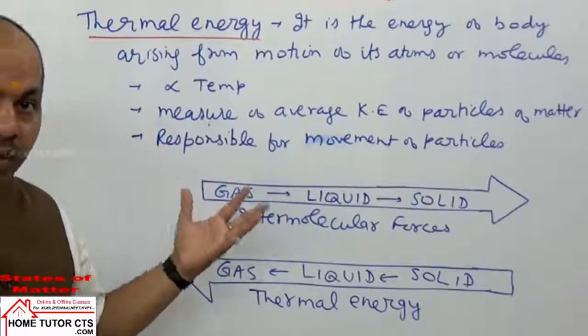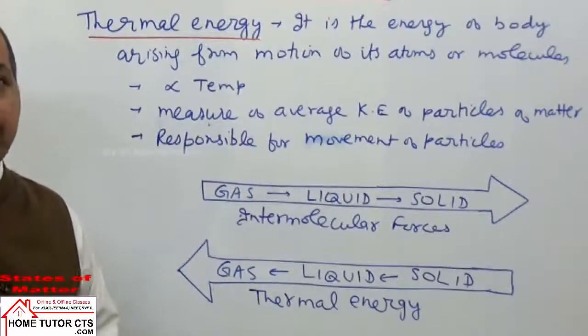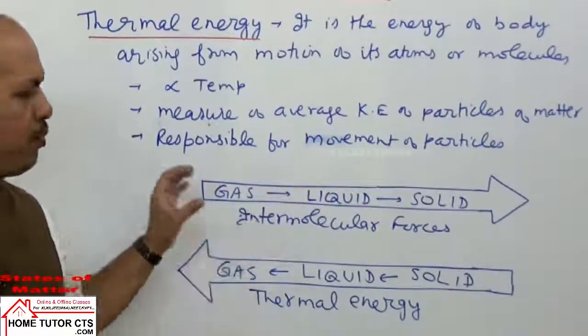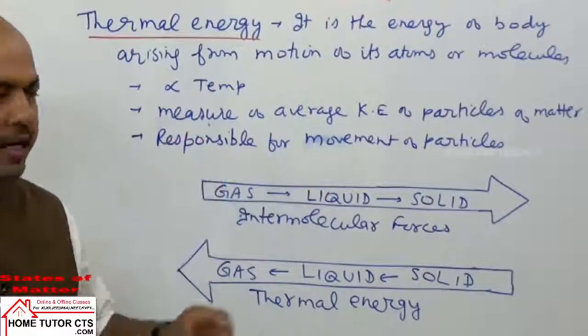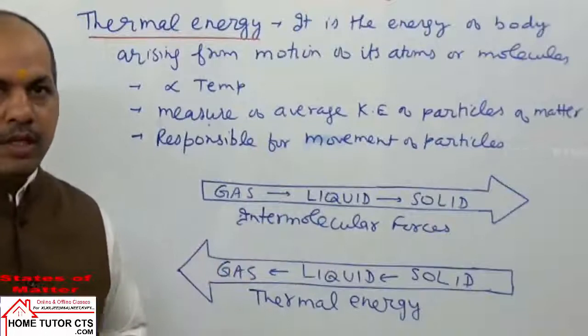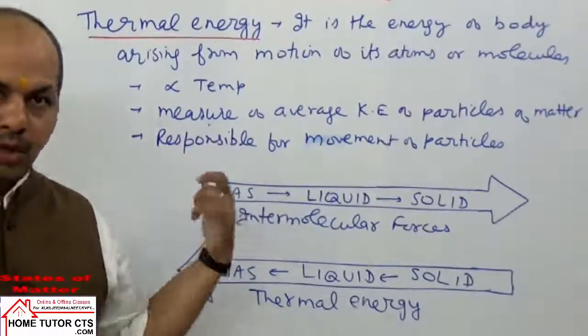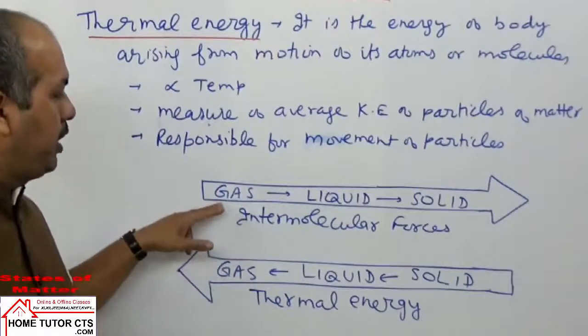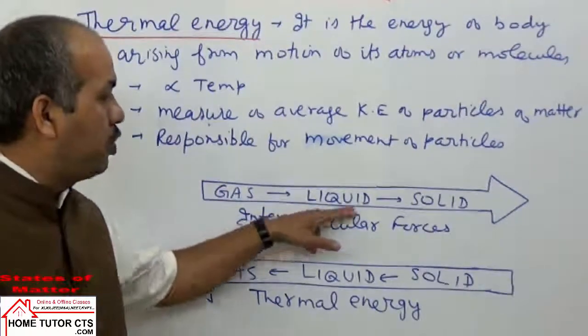Whereas other forces can be like hydrogen bonding between different molecules, or you can have ion-dipole interactions. We have discussed so many kinds of interactions earlier in the chapter chemical bonding, so you can recall them from the bonding chapter once again.